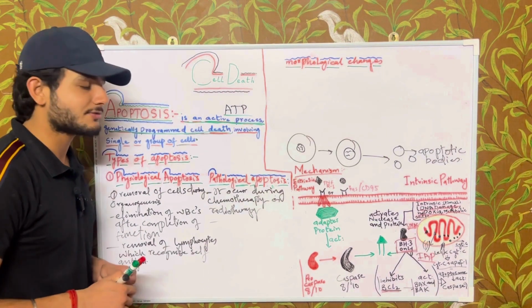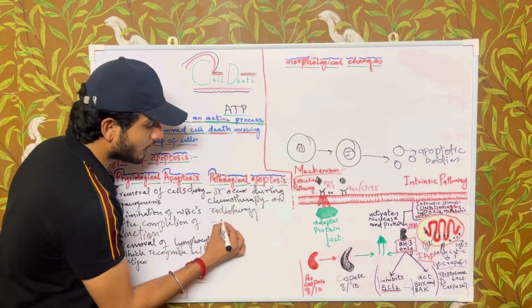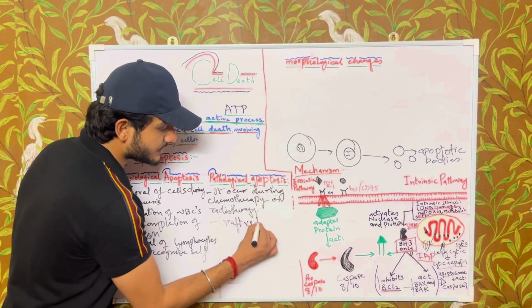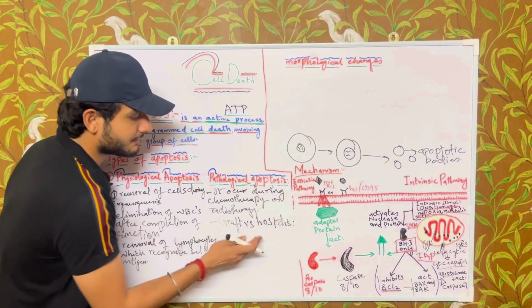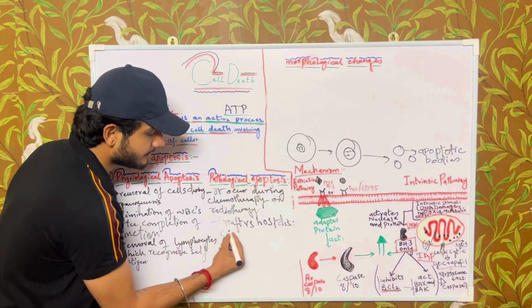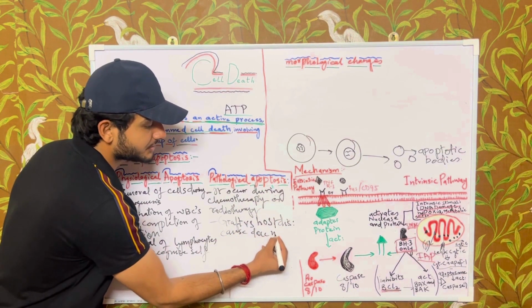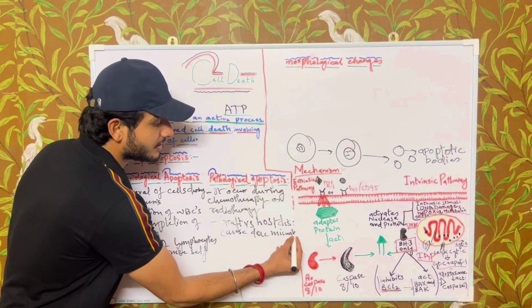Now let's talk about the next example. Pathological apoptosis occurs in graft versus host disease, caused due to mismatched organ transplantation.